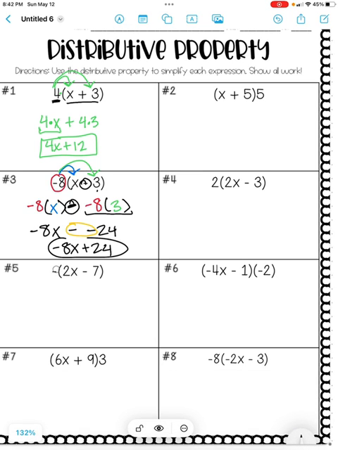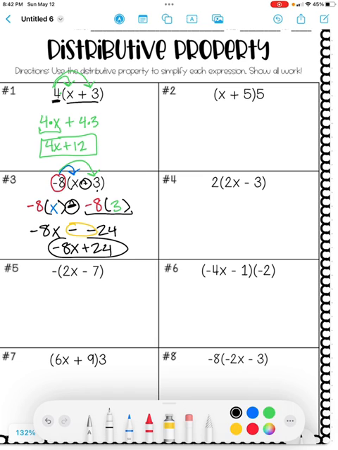That would be negative 1 times 2x minus 7. Negative 1 multiplied by the quantity 2x minus 7. So we're going to take the negative 1, and we're distributing this to 2x, and we're distributing this to 7, and we're distributing this over a minus sign.